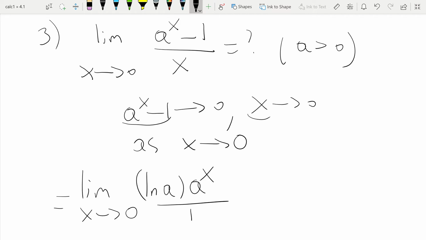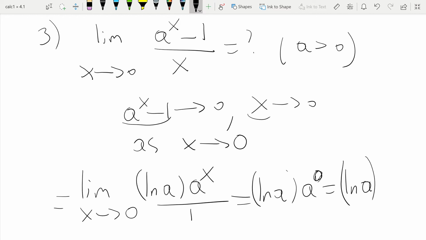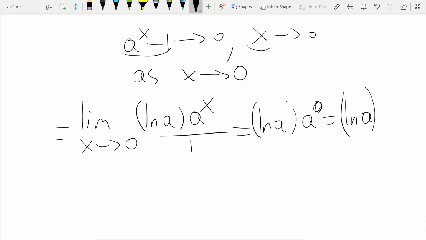And now this function here is continuous, because it's an exponential function, a to the x. Natural log of a is a constant, so we get natural log of a times a to the 0, which is 1. So in the end, we get just natural log of a. And that's the limit.